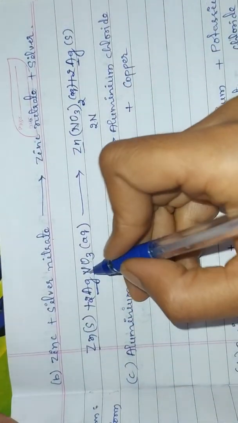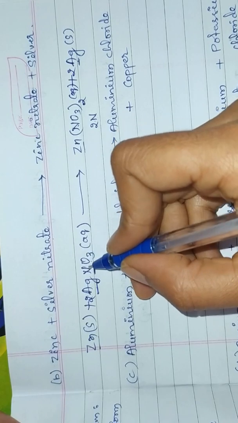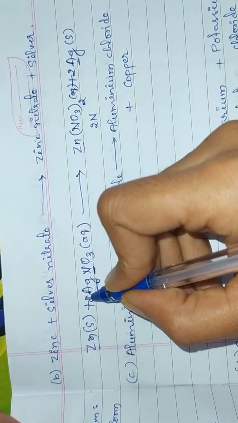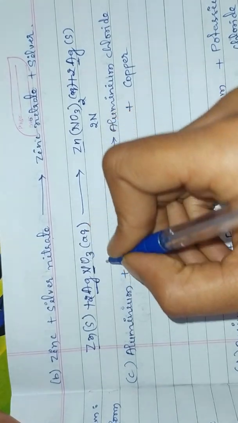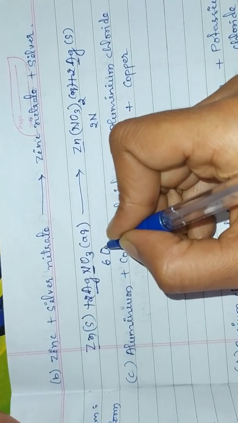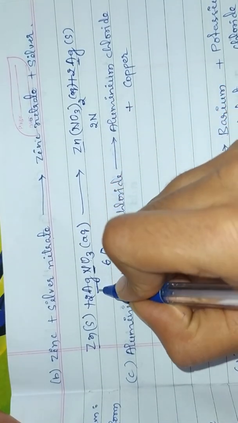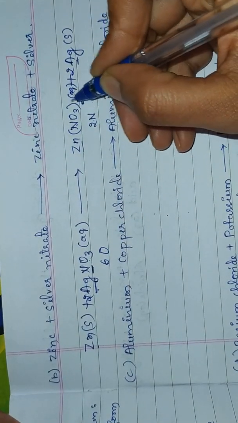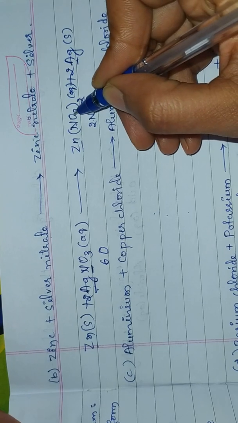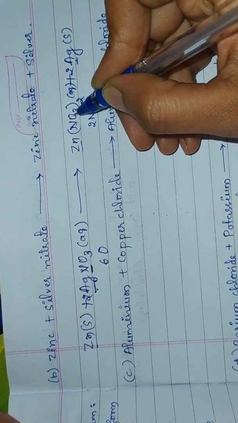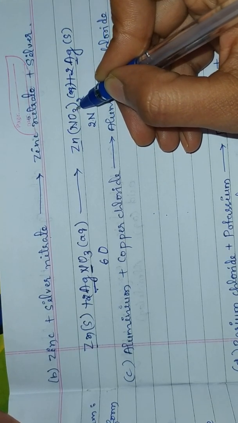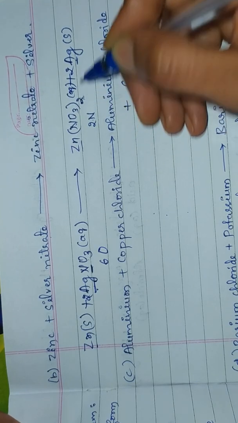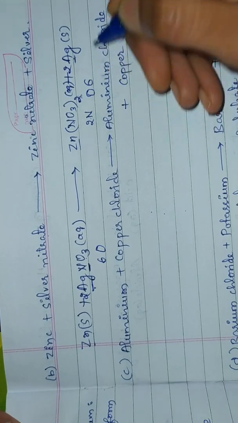Okay, so next we'll see this one. We'll balance the oxygen. See here 2 into 3. How many oxygen? 6 oxygen atoms are there on the reactant side. See here this NO3 whole twice. Okay, so already inside the bracket, how many? 3 oxygen atoms are there. Here 2 into 3 becomes 6 oxygen atoms.